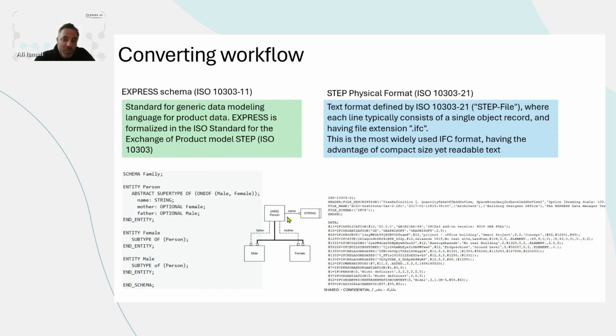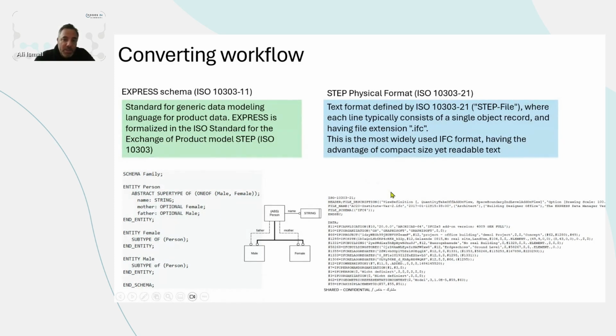So maybe some of you know such a graph, and this is very simple. If we are going to describe a person as male and female, and then put some attributes, a male could be a father, a female could be a mother, and every person should have a name. So this could be the description of this class and the relationships between them.